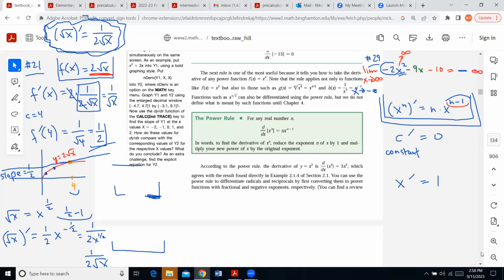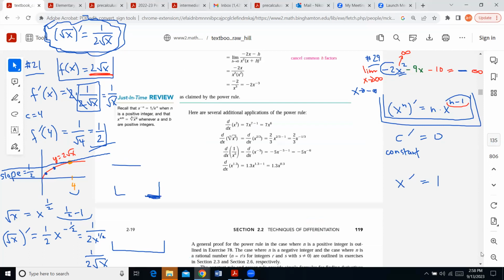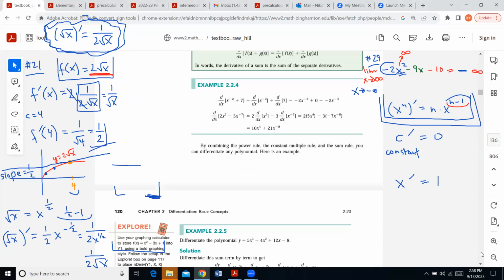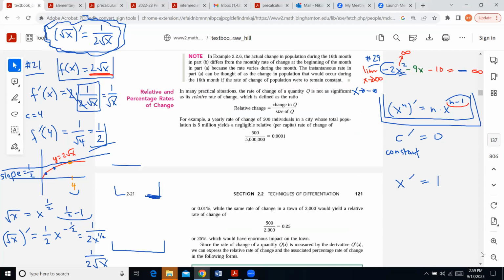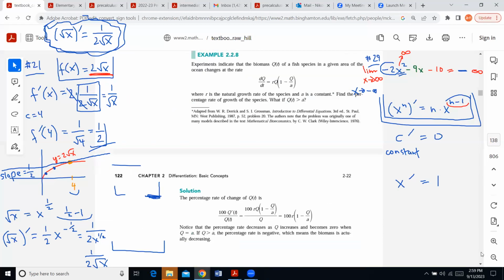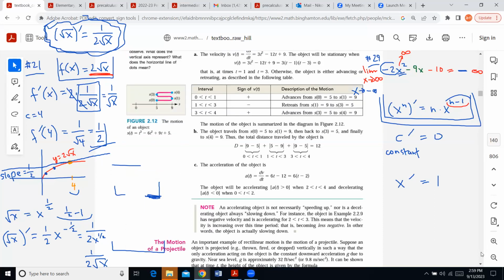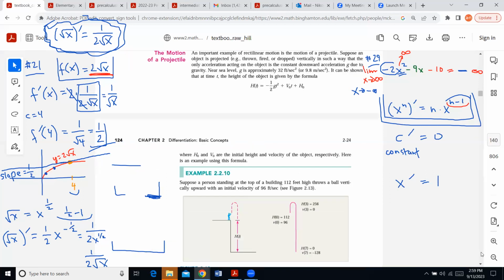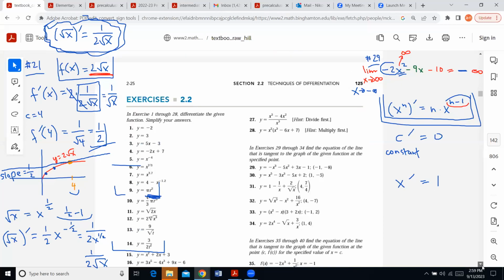So techniques of differentiation, and that's exactly where they actually give us these formulas. And I guess I'll just do more derivatives now, just for practice's sake. So let's get some problems at the end, because they don't really tell us much difference, but they just want us to practice. So let us practice.